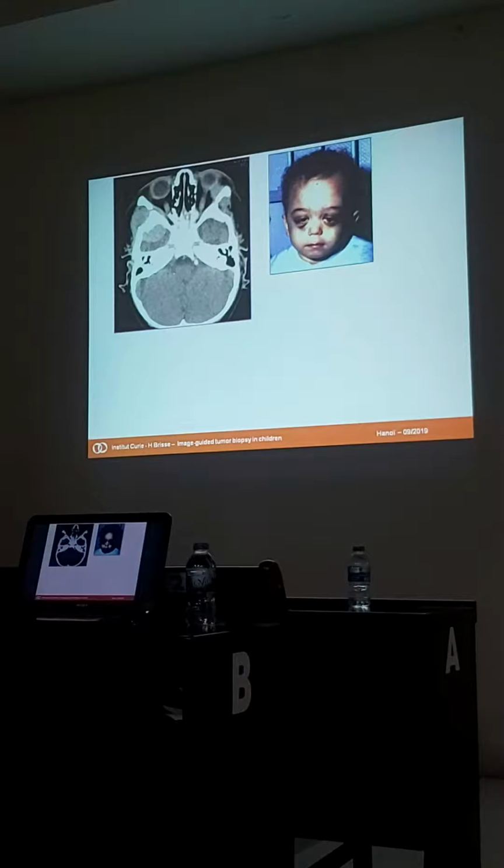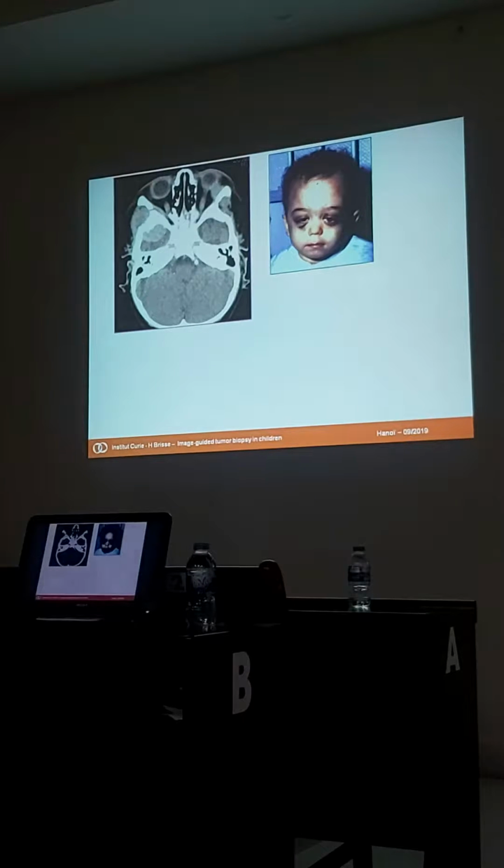So if you just look at the face with bumps, you will see, of course, this mass, but this is not the primary tumor. This is just secondary metastasis.